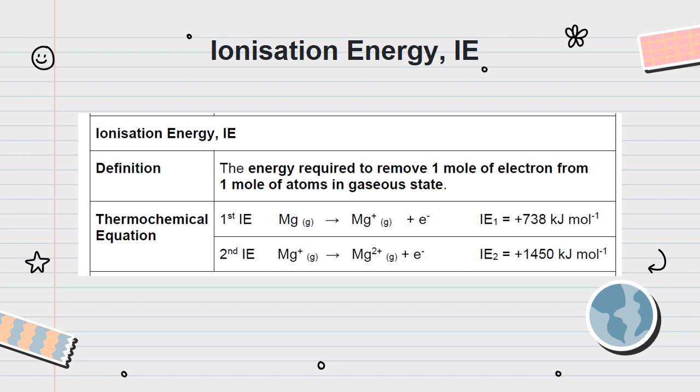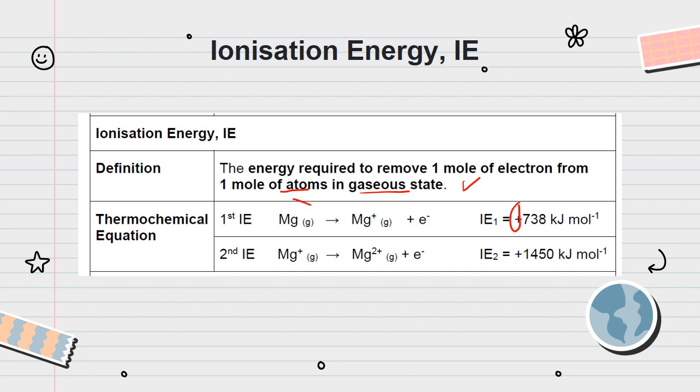The energy required to remove 1 mole of electrons from 1 mole of atoms in gaseous state. Because we want to remove electrons, that's why IE is always a positive value. Energy needs to be absorbed in order to remove the electrons, from atoms in gaseous state.